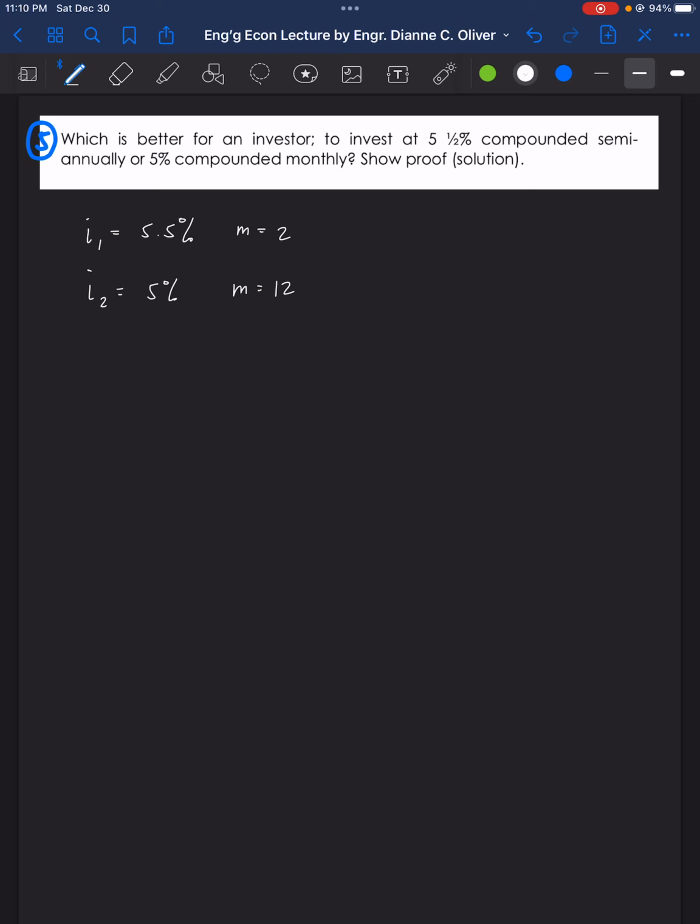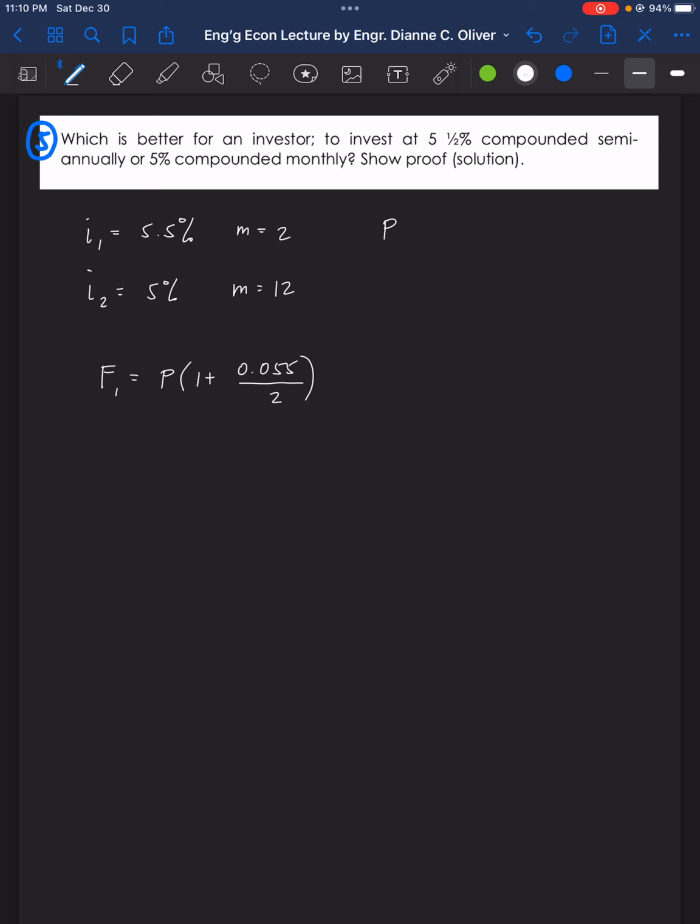The best way to compare them is by having the same principal amount P. So what will be F1? F1 is equal to P times 1 plus I. Our I1 here is 0.055 divided by 2, raised to n.